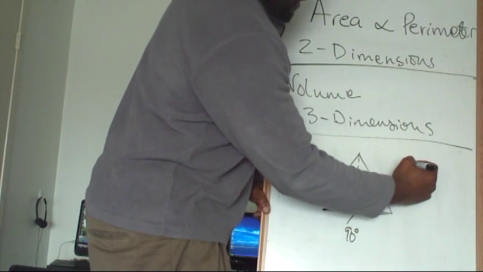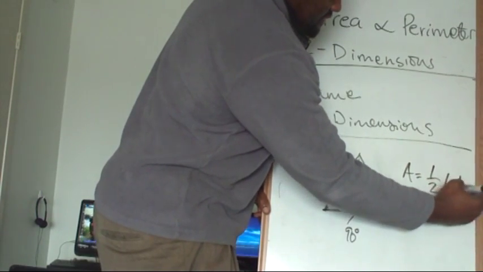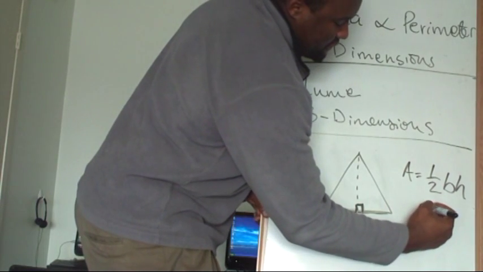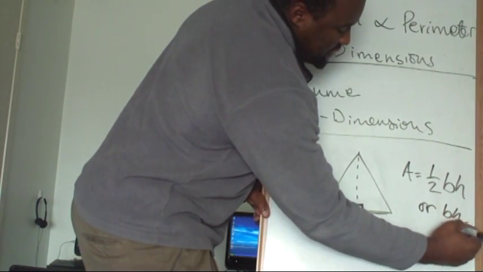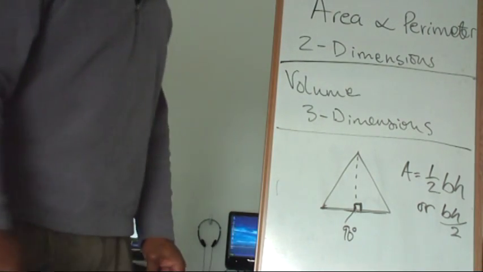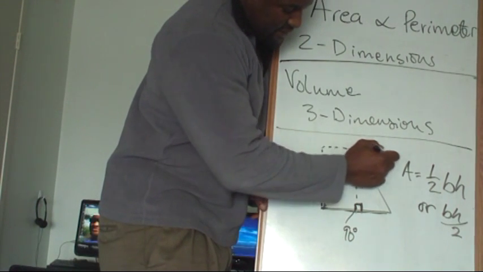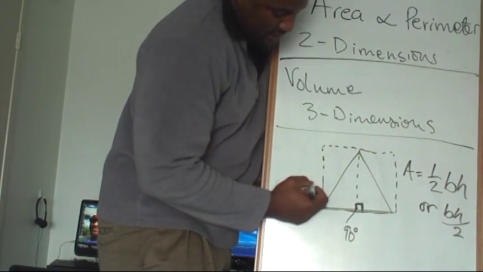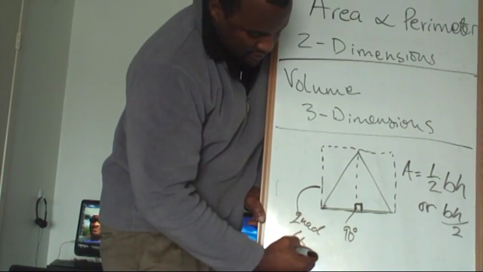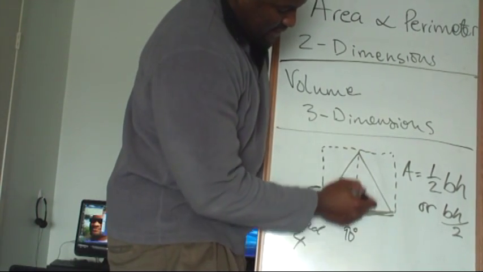So the formula is area equals half the base times the height. And that's it. Or base times height divided by 2. Same thing. If you just think of it as half the size of a quadrilateral with the same base and the same height.